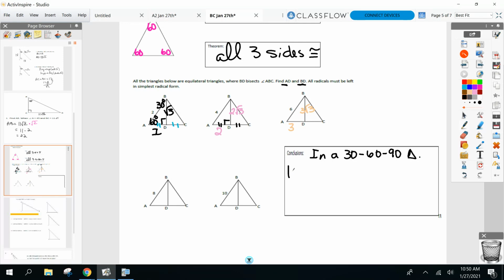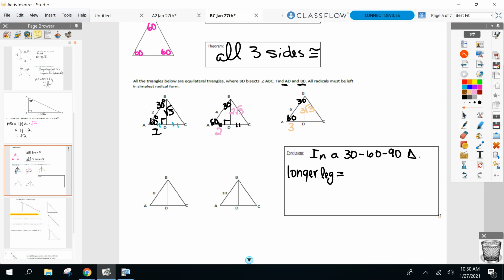Can anybody explain how you would get the longer leg, the one across from 60? Look at your pattern. How could I easily get the side across from 60 very quickly? 1 radical 3. 2 radical 3. 3 radical 3. Anybody got a suggestion on how I could find the longer leg pretty quickly?